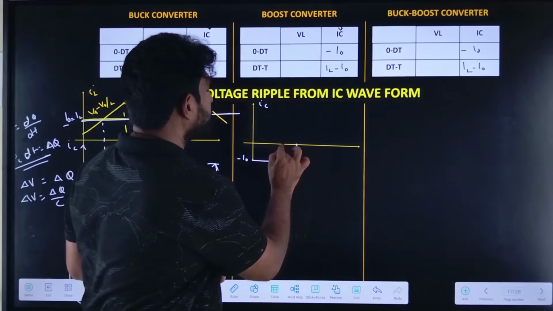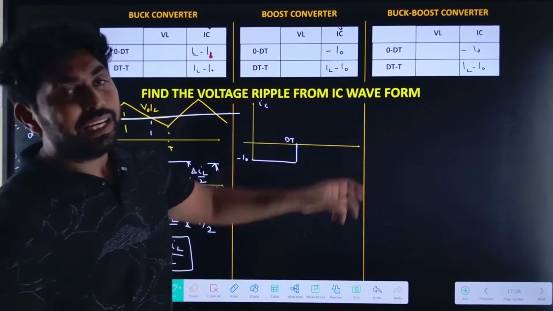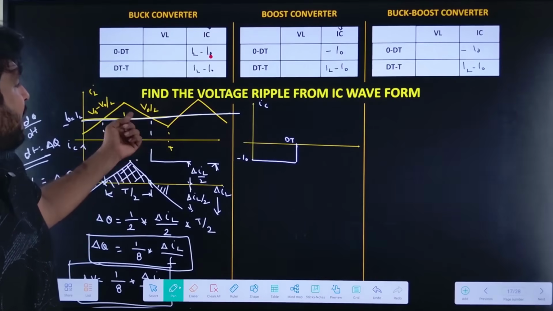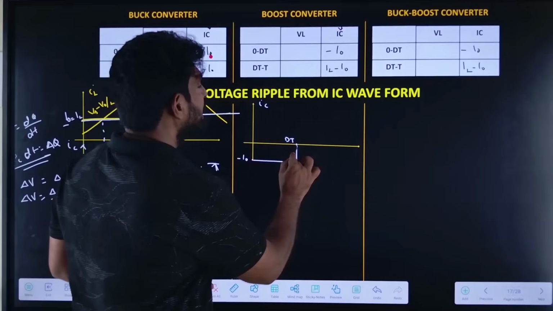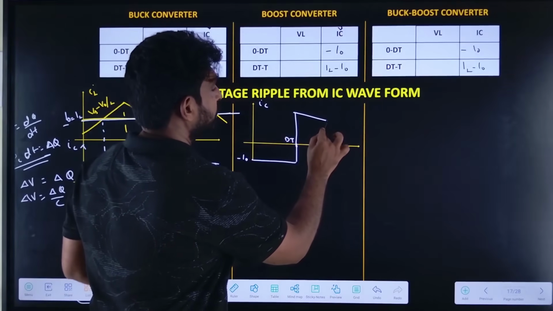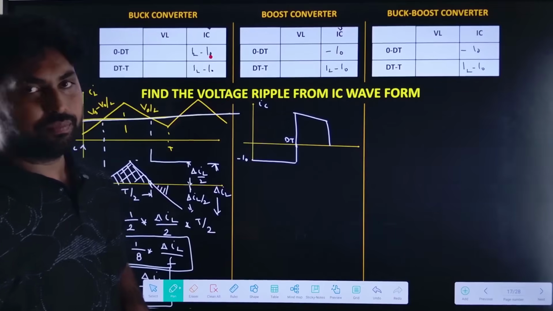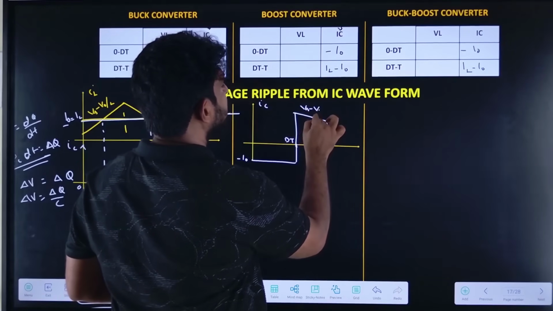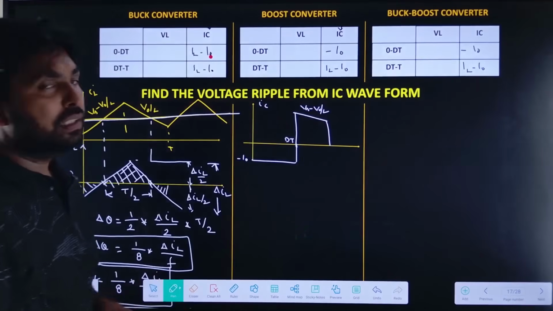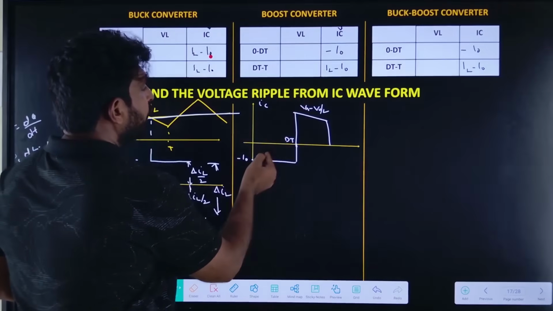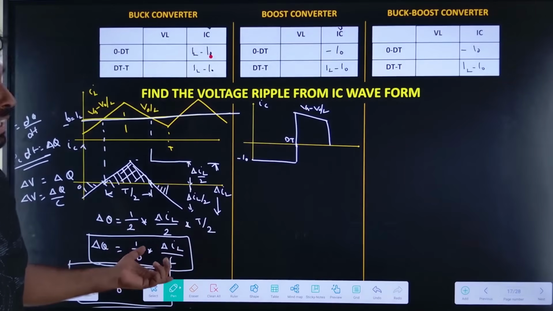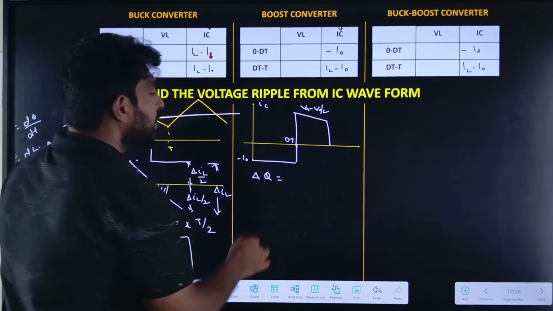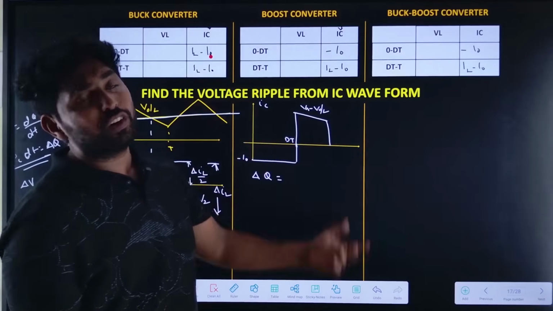So dt period, up to dt period. So dt to t, which is IL minus I naught, and this waveform will be like this. IL minus I naught, so the slope will be Vs minus V naught by L. Now, if you want to find delta Q, the charging area equals the discharging area.